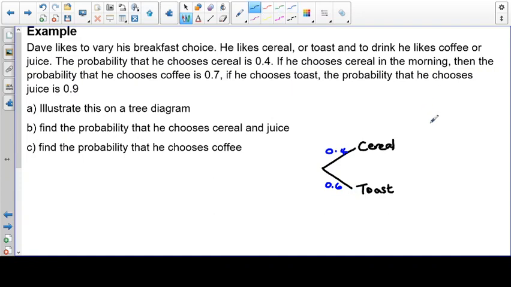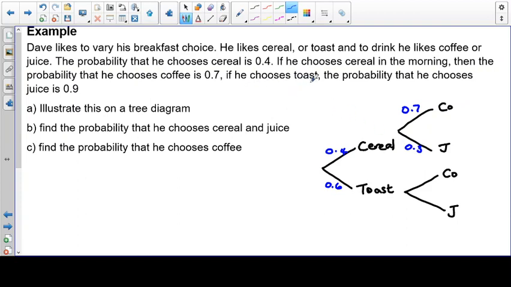Okay, so then the drinks are dependent on his food choice. So he can either choose coffee or juice. If he chooses cereal in the morning, then the probability he chooses coffee is 0.7, which means that must be 0.3.